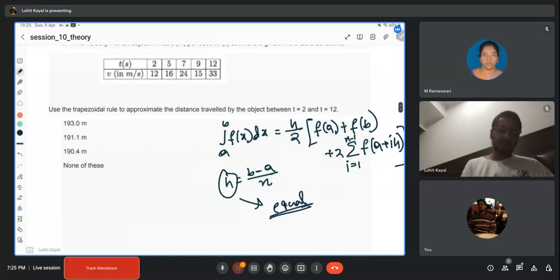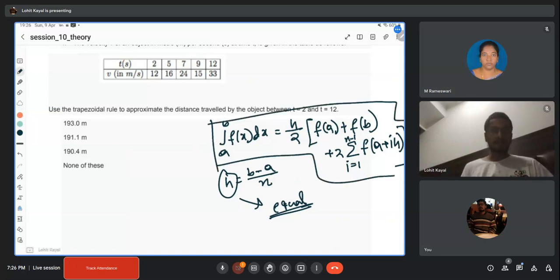But here you see that initially the step difference is 3, then from 5 to 7 the step difference is 2, 7 to 9 the step difference is 2, and again from 9 to 12 the step difference is 3. So I cannot directly use this formula here. I have to modify the calculation.